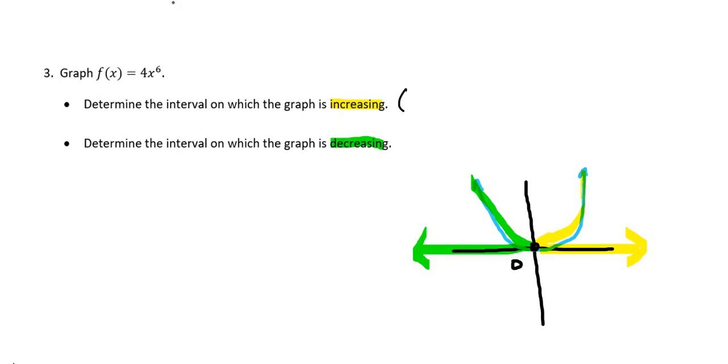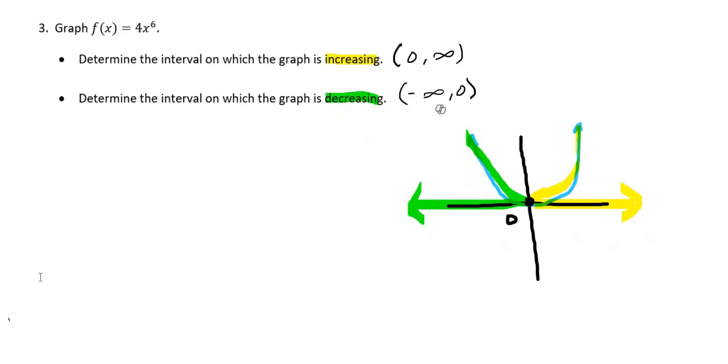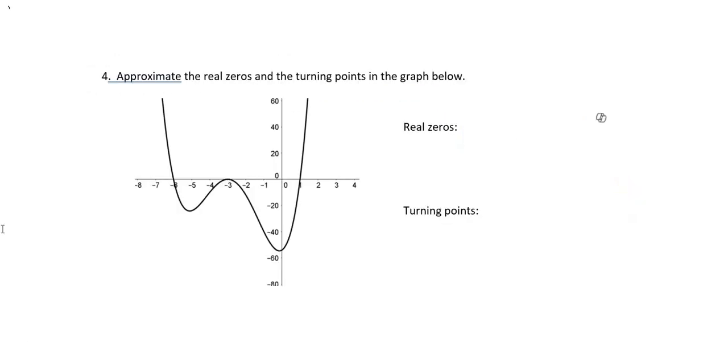So I am increasing from 0 to infinity, and my graph is decreasing from -infinity to 0. When you are writing where your graphs are increasing and decreasing, remember that you always use parentheses at your endpoints. And again, the definition of a turning point is where you're changing from increasing to decreasing or from decreasing to increasing.